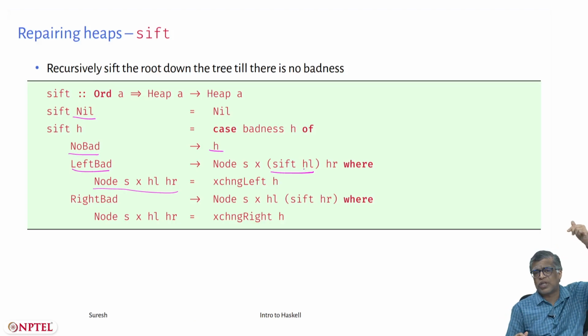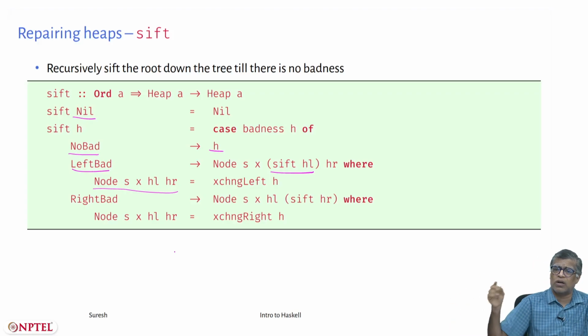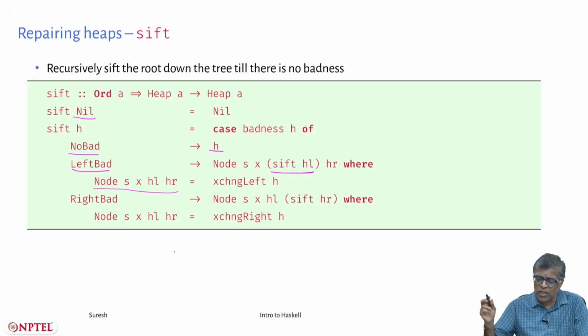You first do an exchange and then you do a sift. So node S, X, HL, HR is exchange left of H, and after having done the exchange, you sift HL if necessary. That's a recursive call. Right bad means you do exchange right and then you do node S, X, HL, sift HR. After doing the exchange, you sift the right subtree. Okay. So that is it.